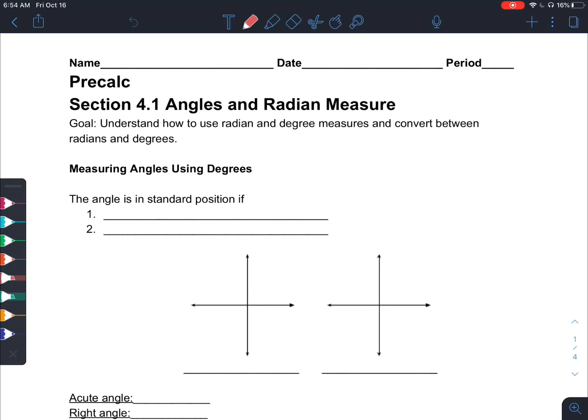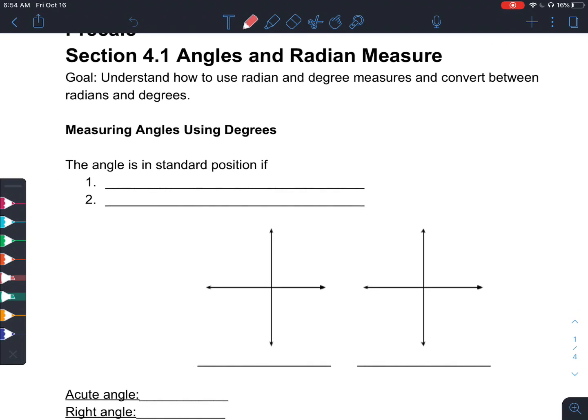So, our first thing we're going to focus on here is measuring angles using degrees. We have this thing called standard position, and an angle is in standard position if we have the vertex at the origin and the initial side is on the positive x-axis.